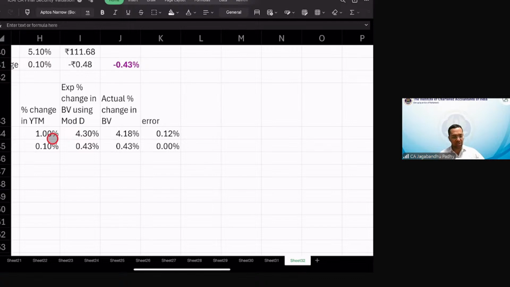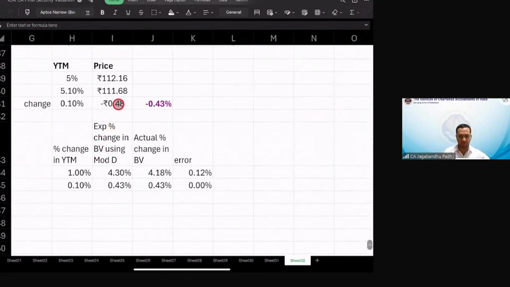Now, when we reduce the percentage change in YTM, let's test it with a smaller percentage, like instead of 1%, a change of 0.1%. There we were expecting the percentage change to be 0.43%, and the actual change we observed was also 0.43. So the error was 0.